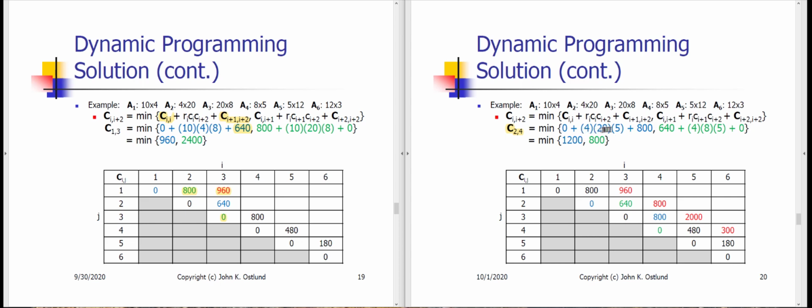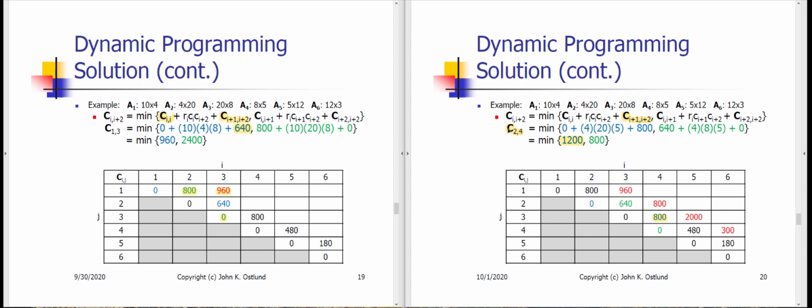All right, 4 times 20 times 5 is 400, plus the 800 from C sub 3,4. All right, C sub 3,4 is this 800. So we're going to add 400 plus that 800 to get 1,200 as one possible cost.